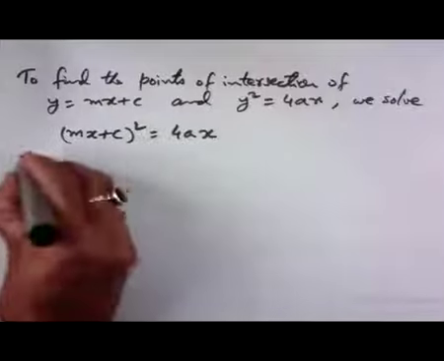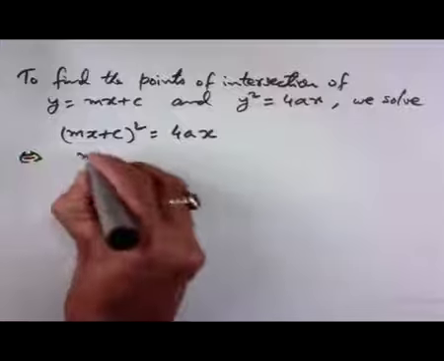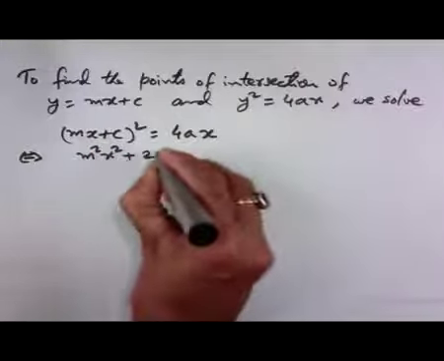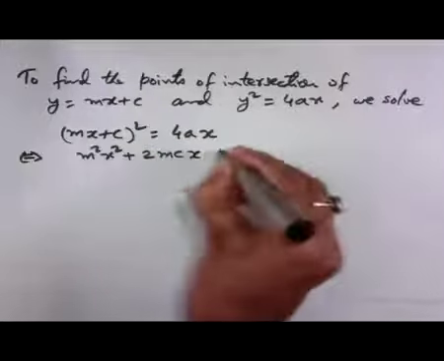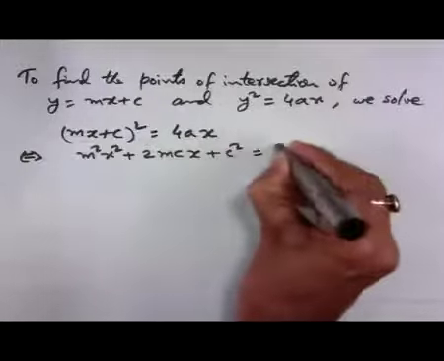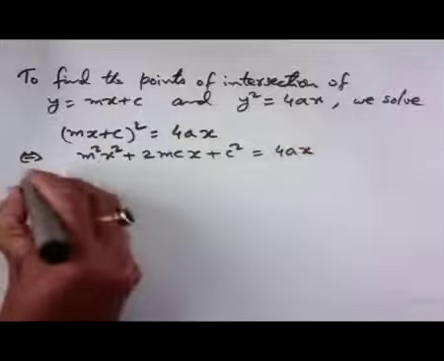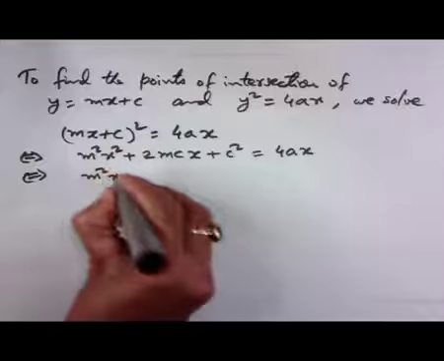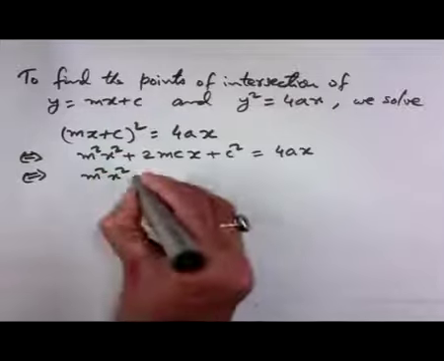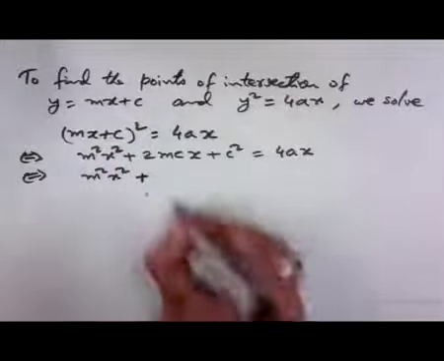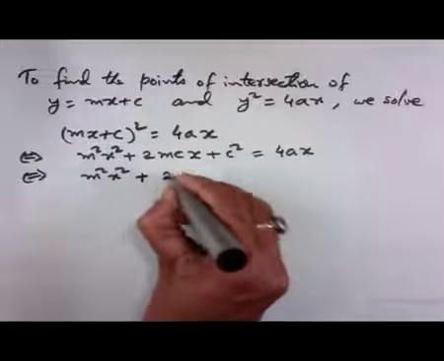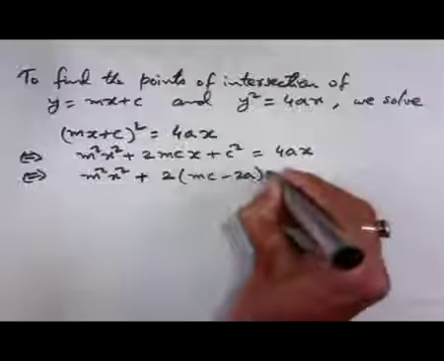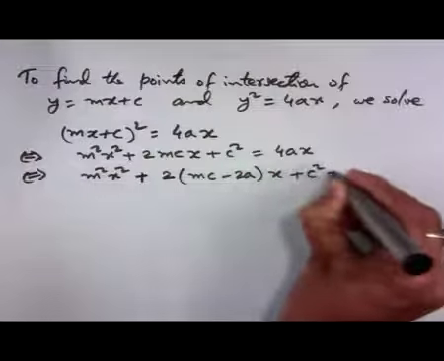This is equivalent to writing m square x square plus 2 m c x plus c square equal to 4 a x, that is m square x square plus 2 times m c minus 2 a x plus c square equal to 0.